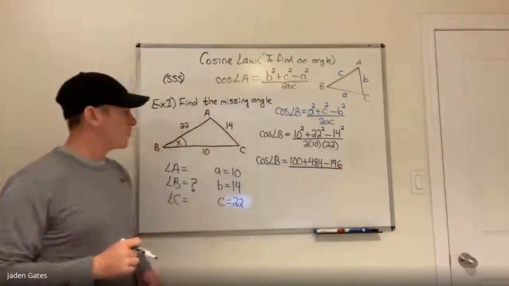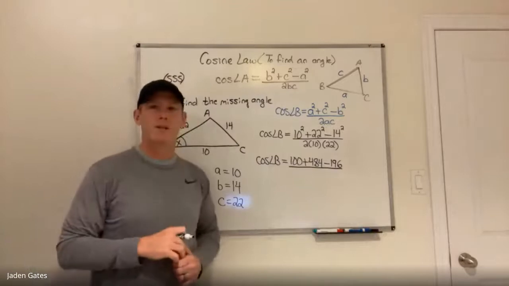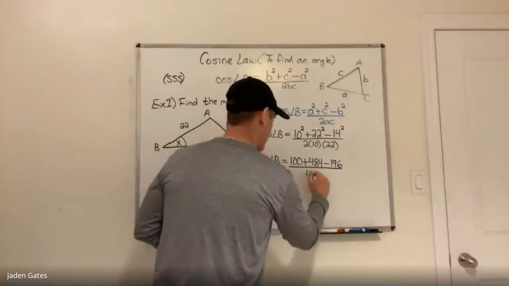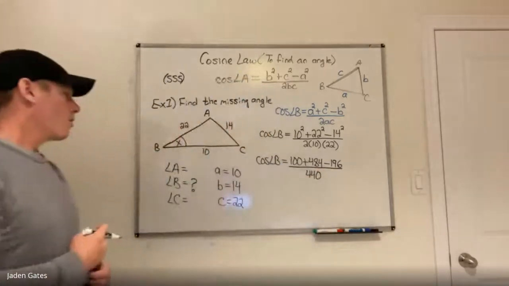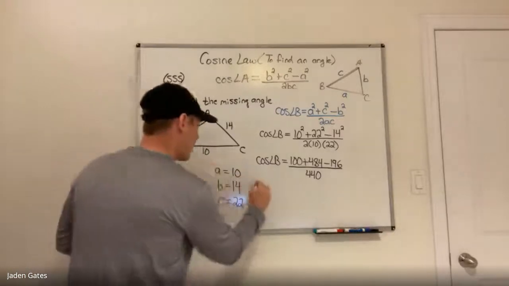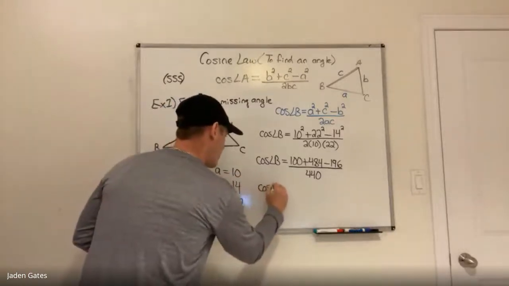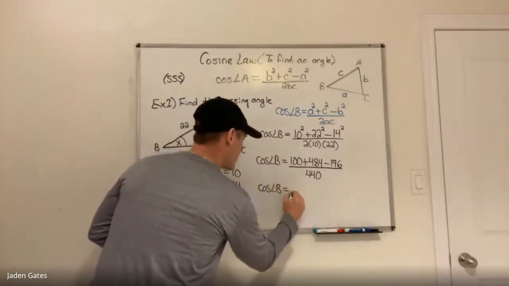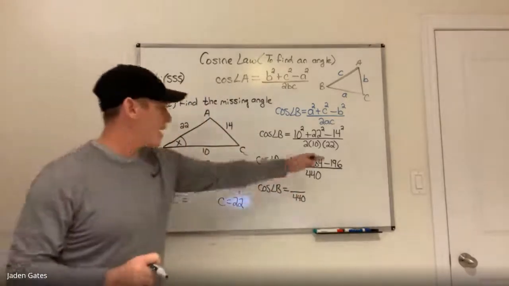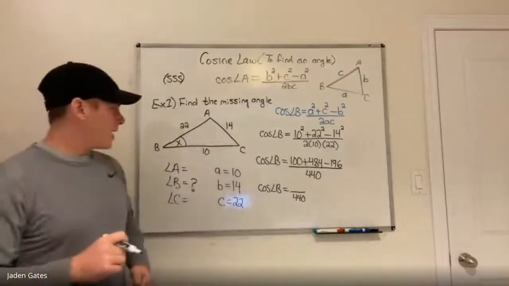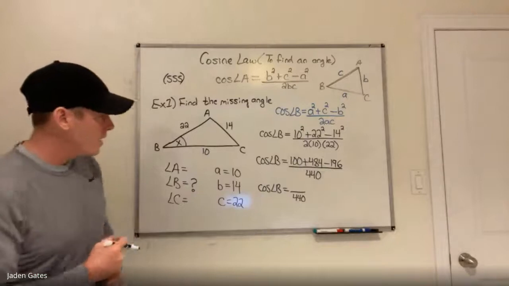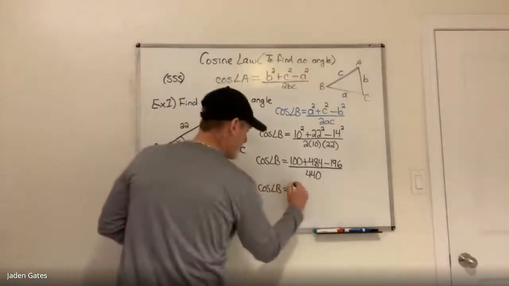On the bottom, I can do that multiplying: 2 times 10 times 22, I get 440. Again, just simplifying things, haven't done anything crazy yet. So I have the cosine of angle B, and down the bottom it's 440. On the top, I do my adding and subtracting: 100 plus 484 minus 196, I end up with 388.